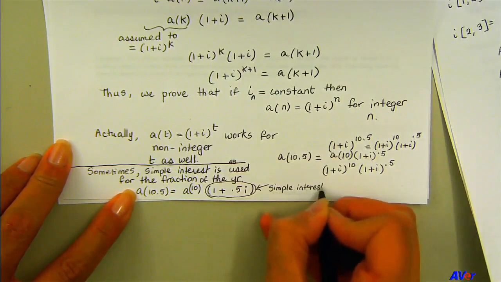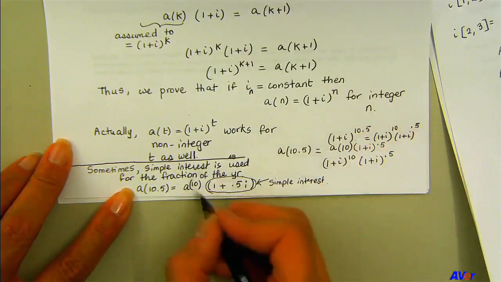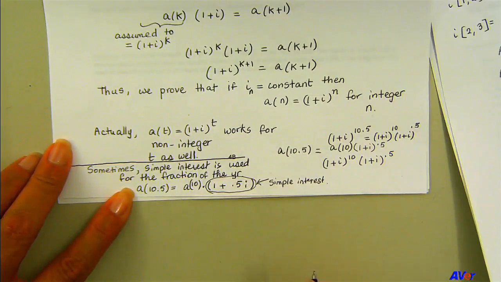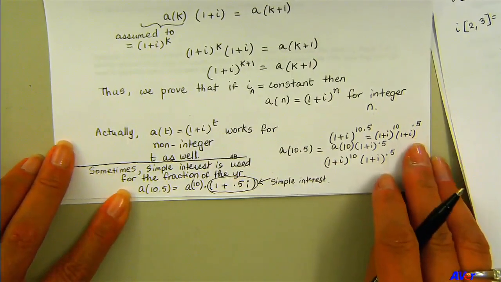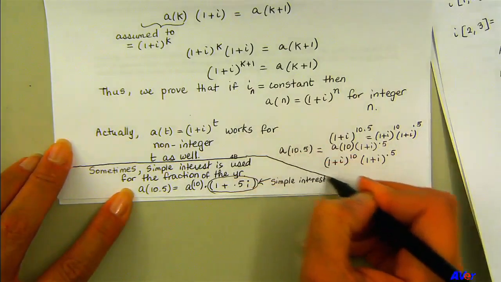Means grow it at compound interest up to 10, a of 10, and then simple interest for that fractional part of the year, for that half a year. Follow me? But that is different from this.